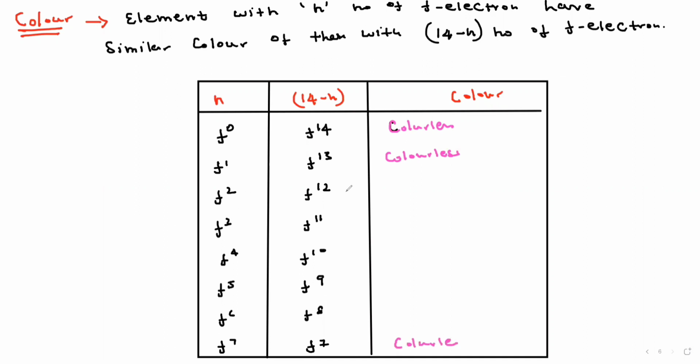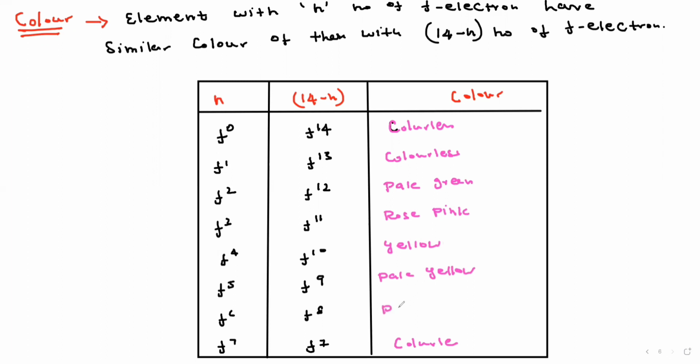f2 and f12 are pale green. Very important. f3 and f11 are rose pink. f4 and f10 are yellow. f5 and f9 are pale yellow. f6 and f8 are pale pink.